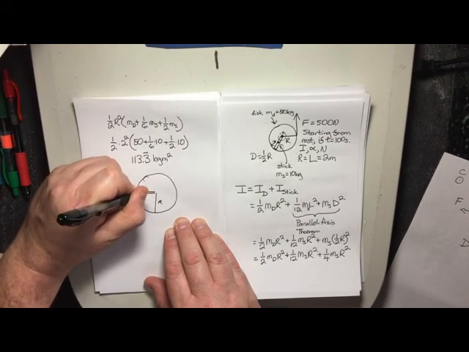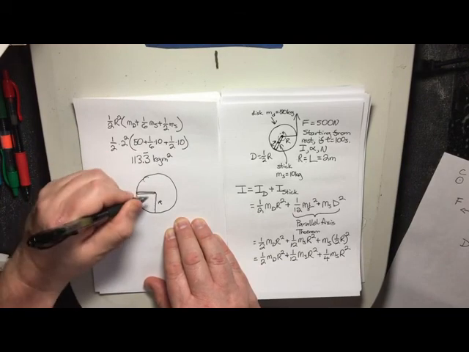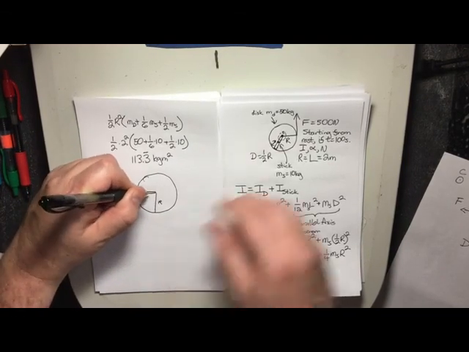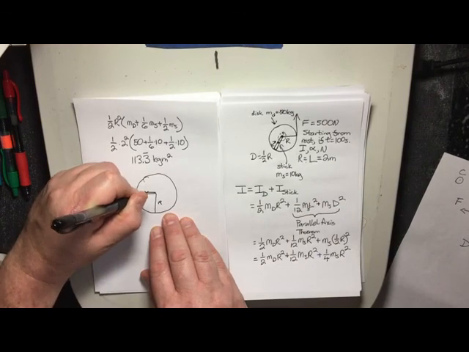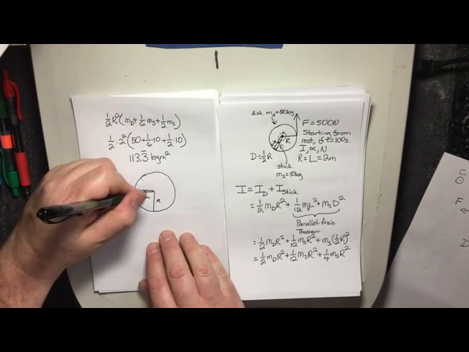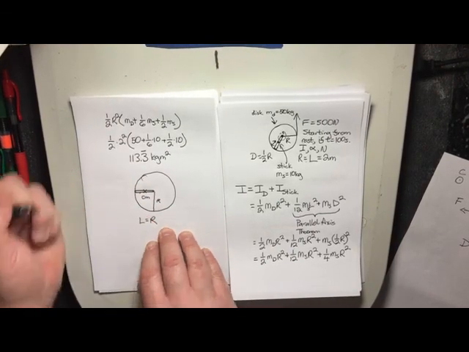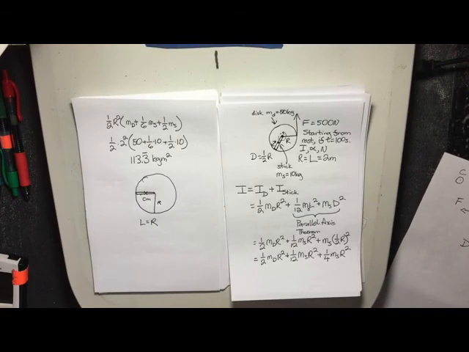So the stick length is, I kind of flipped it around. This is the center of mass of the stick. The total length of the stick is R. D, what is the definition of D?